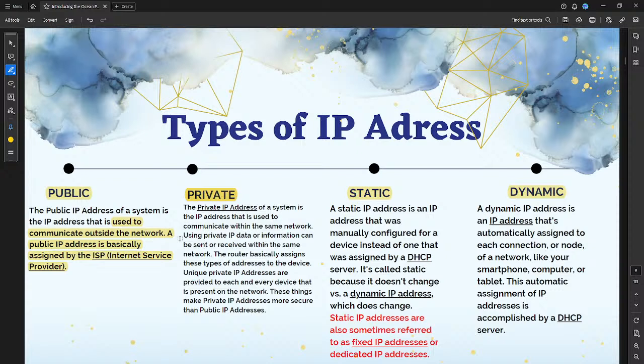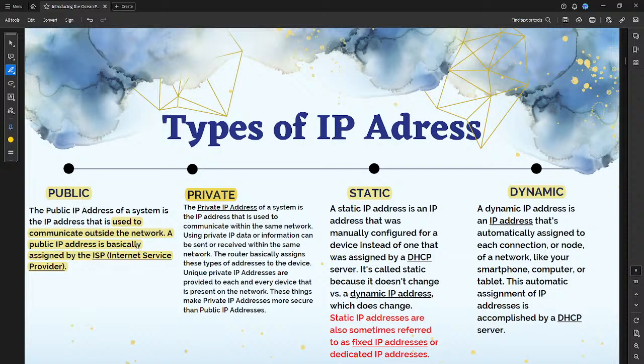But once we have to take communication outside the network, it uses a public IP address in that situation. How this is assigned is by a different methodology or system, which we'll get to.